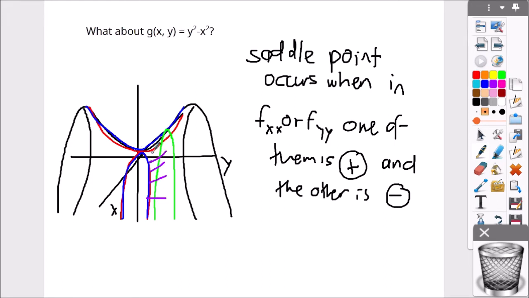The slopes in y move down as we get to here, and then it goes back to normal when we get to here. In this place right here, it stays the same the entire time. But that's what f sub xy and f sub yx are measuring. It's measuring how much the slopes are tilting and tilting back. It's a little strange, right?